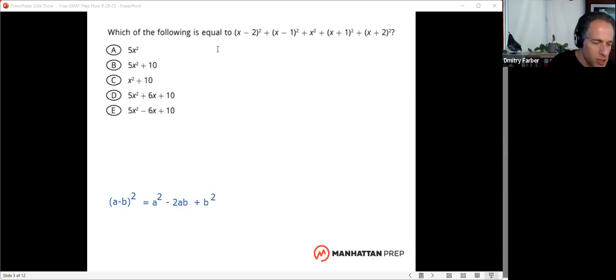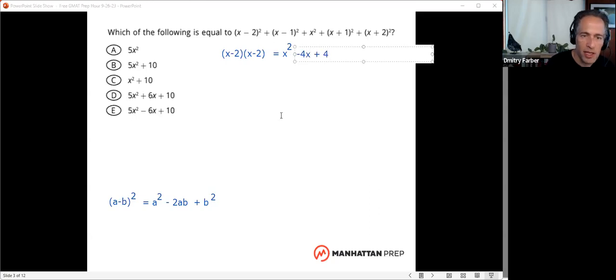In this case, if I expand out x minus 2 squared, I'm going to get x squared, then minus 2x twice is minus 4x, and then minus 2 times minus 2 is positive 4. My a here is x, and my b is negative 2.